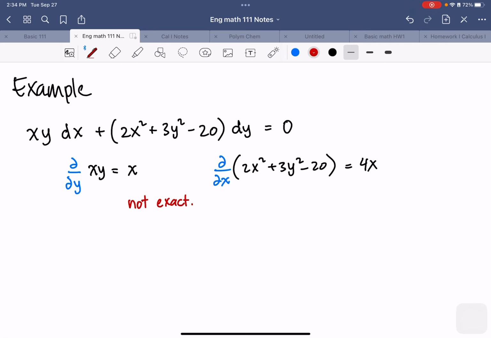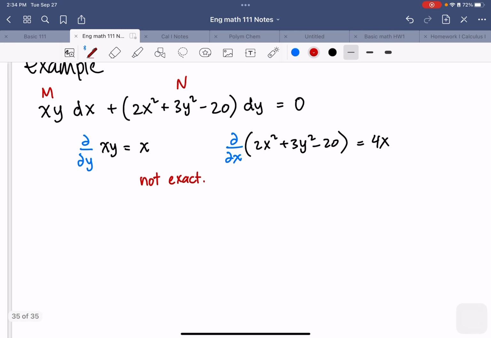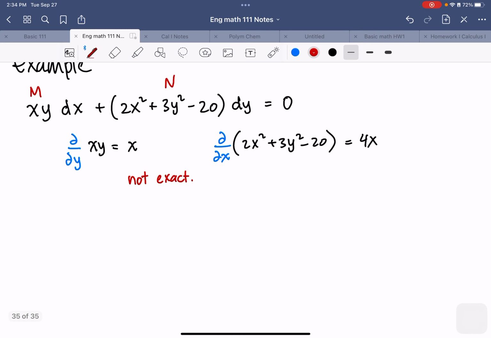Maybe let me rename this m and n to make sure we have the same structure. What we have in the equation is partial y, it's actually my, right? So we can write the m partial y like this is x, and this is n x, which is 4x.